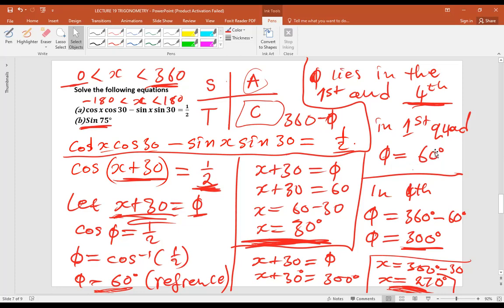Why is it lying in the first quadrant, because the angle is 60? And there the phi is 60. In the cos there, this the phi is 60. Why is it in the cos?